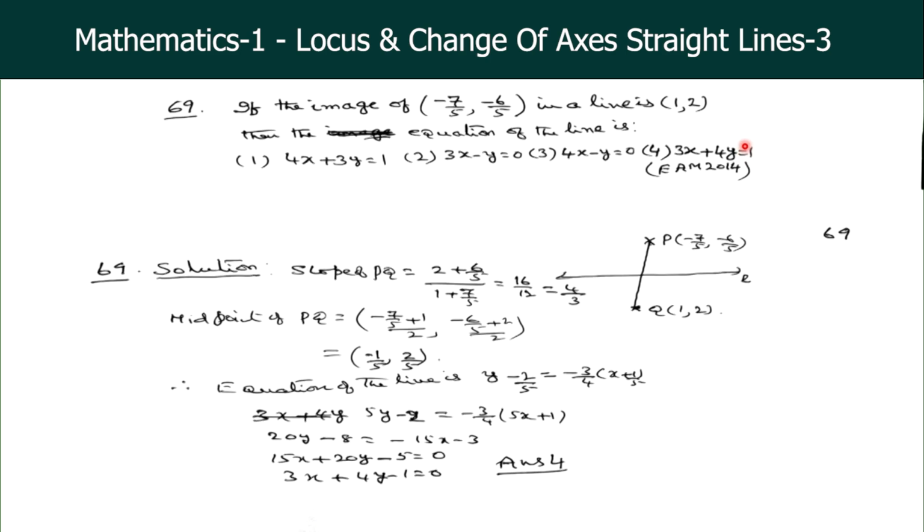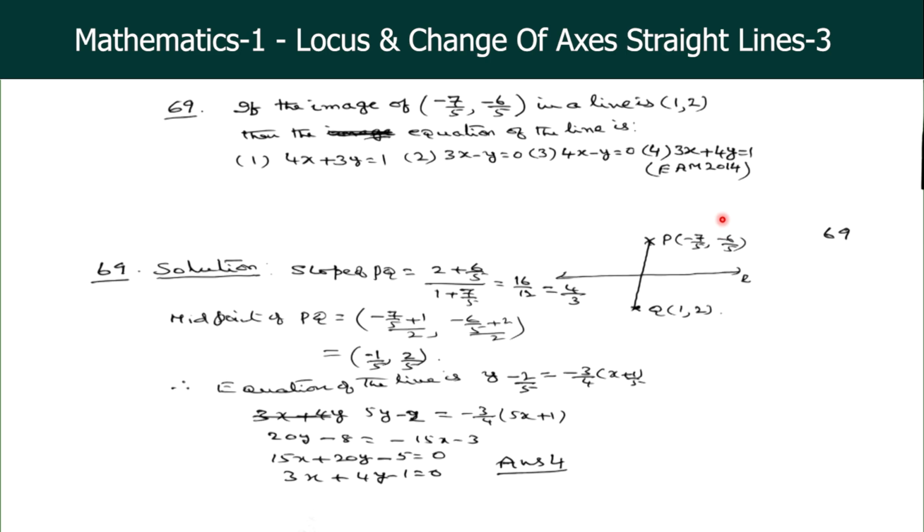This is our EAPCET 2014. Suppose the line is L, and the image of P in the given line is Q(1, 2). P and Q are images of each other through the given line L. We want the equation of the line L.